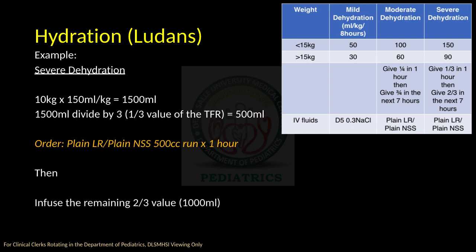Then infuse the remaining two-thirds value, which is 1000 ml or cc, for the next 7 hours. So order D5.3 NaCl 1 liter to run for 7 hours. Make sure that you reassess the patient after the first hydration of the patient.